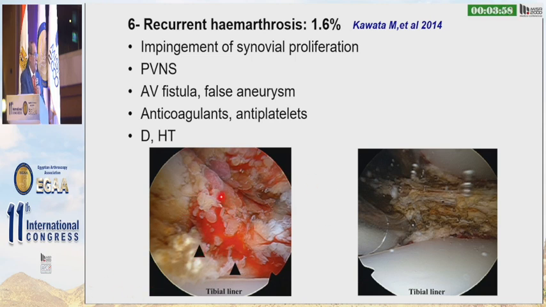You can notice here the reflection in the femoral prosthesis of granulation tissue with spots of bleeding. And there, after cauterization.